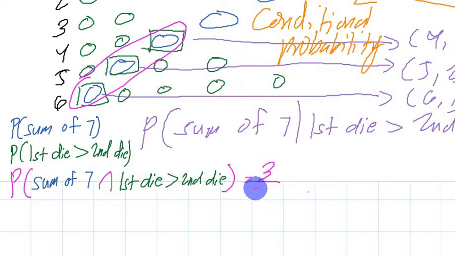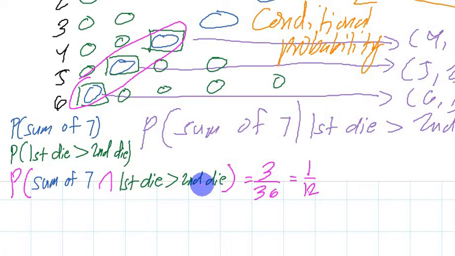So we get 3 out of 36, or in lowest form, 1 out of 12. And we know this because we know that we can relate probabilities to our sets.